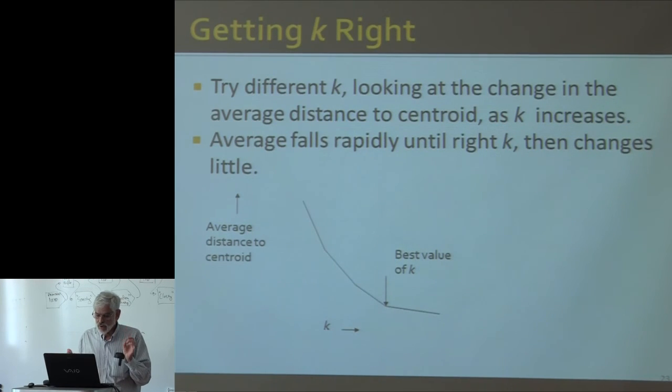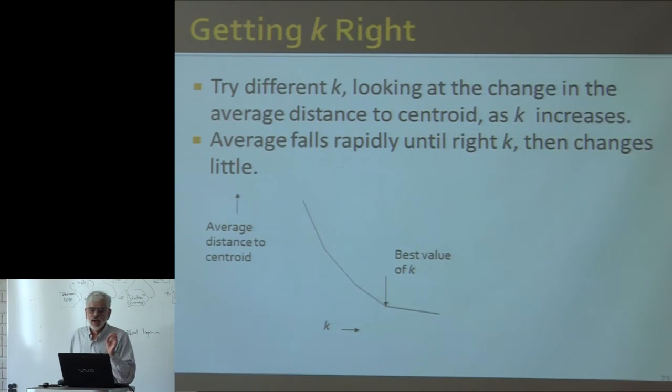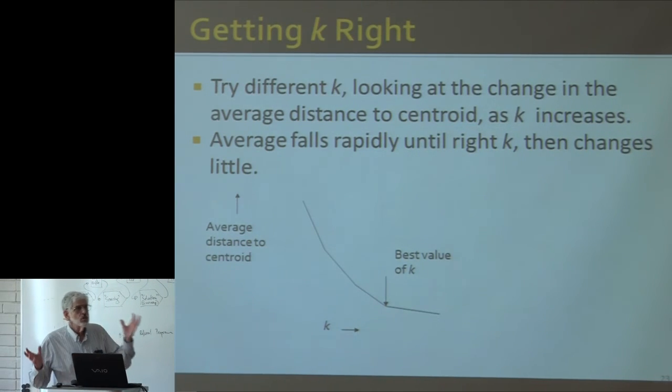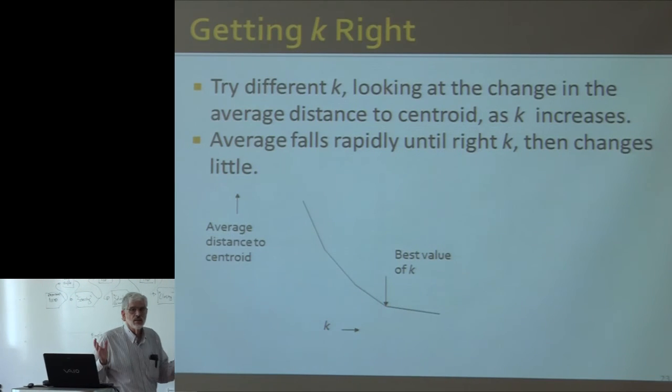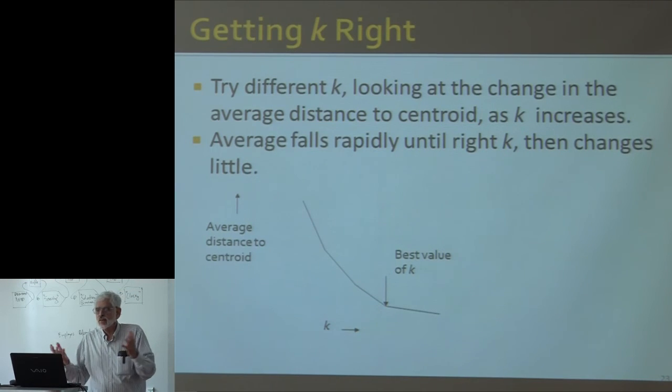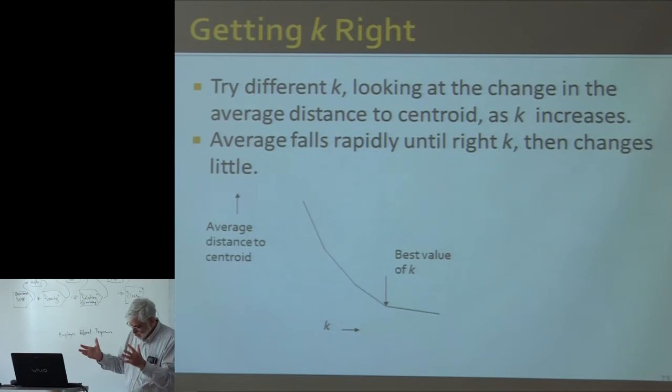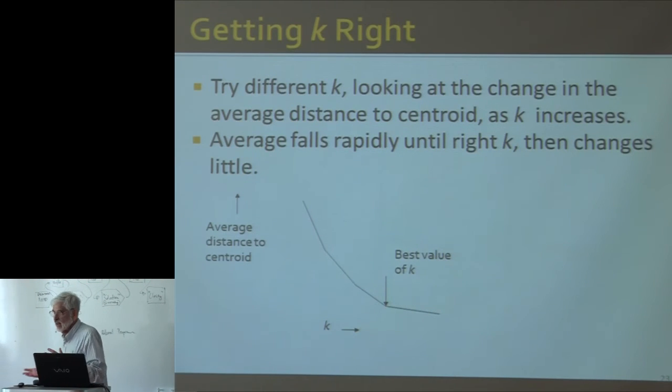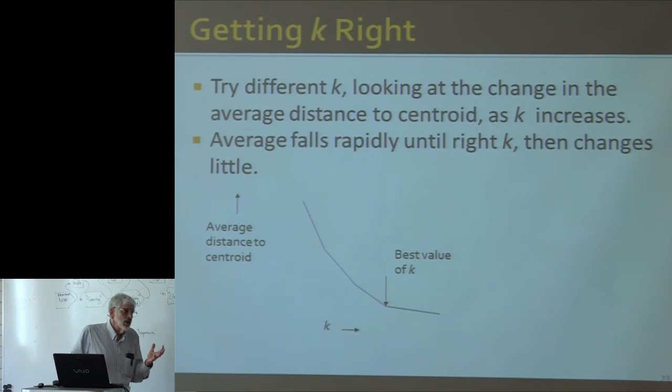Okay, but at any rate, what I claim is, you can pick K, do what I just said, and you're going to get some clusters. It could be the wrong K, and the clusters are silly, but you don't really know that.